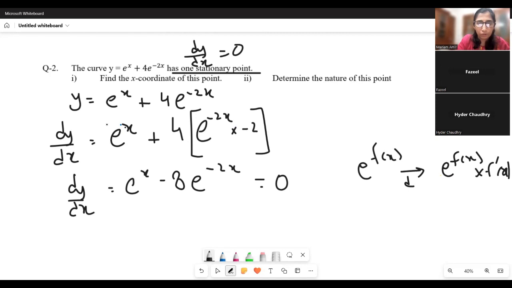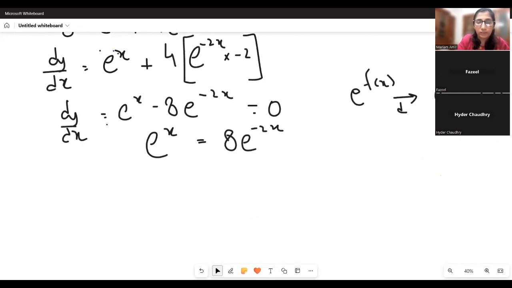Okay, now we solve it for the value of x, find the x coordinate of the point. So we have e power x equals 8 e power minus 2x. I'm sending e power minus 2x to the other side, it gets divided.